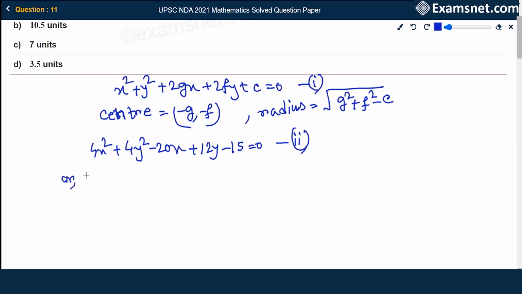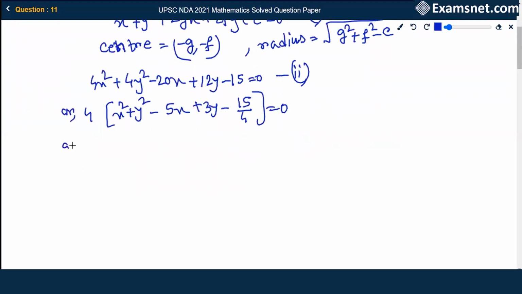Let's take 4 common: x² + y² − 5x + 3y − 15/4 = 0. Let's name it equation number 3.